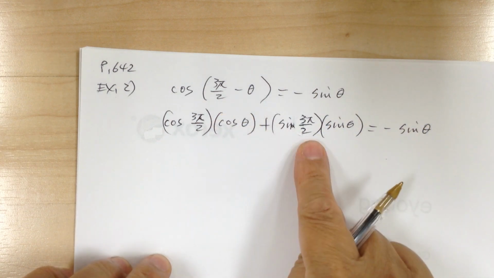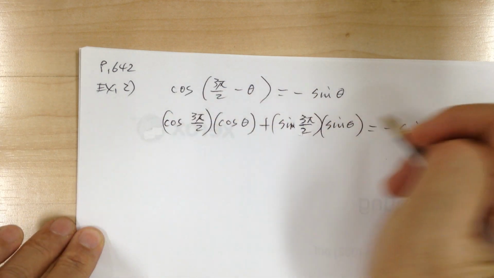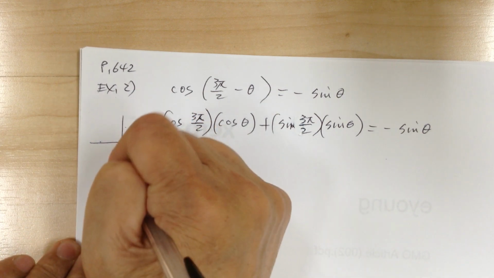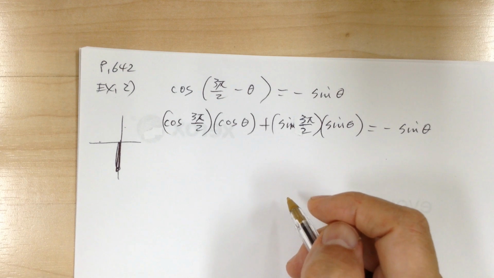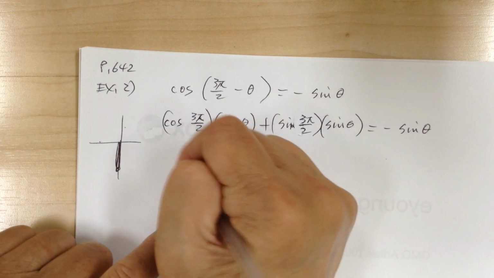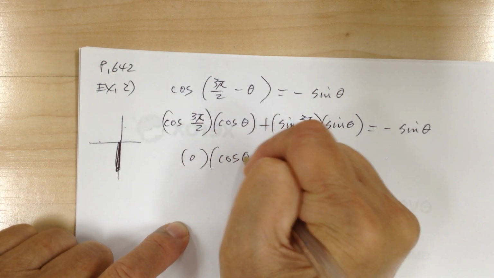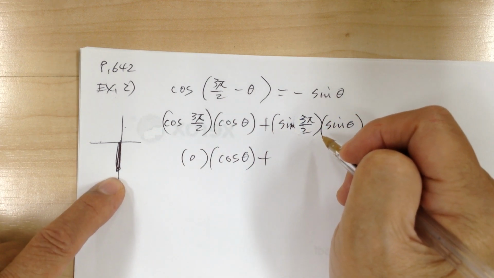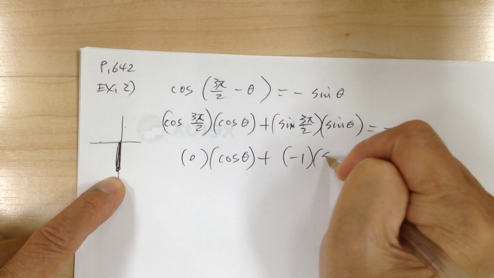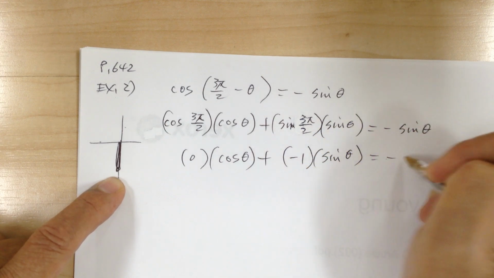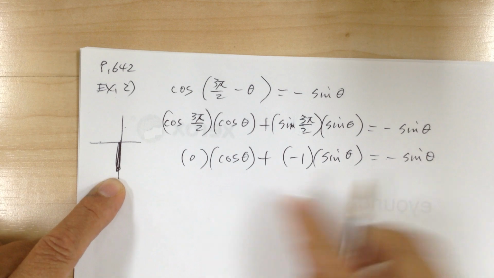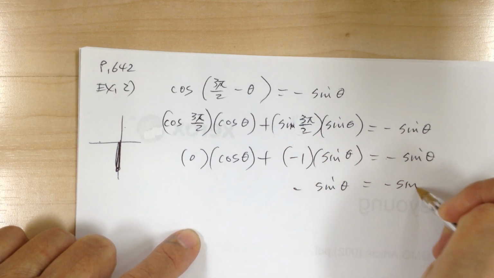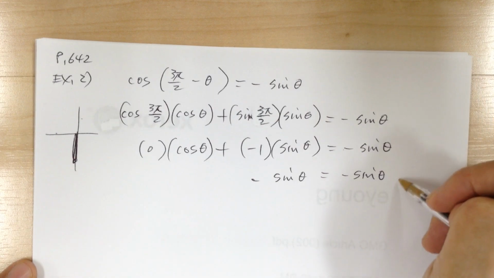So use the identity and then you evaluate. The 3 pi over 2 is right over here. Cosine is horizontal, so this is equal to 0. The sine over here is equal to negative 1. And so you get negative sine theta equal to negative sine theta. And put a check mark.